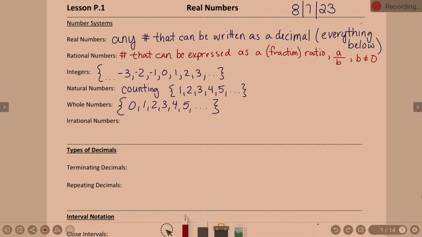I just threw that one out because that's the one you guys are most likely to know. When I say 1/3, that's 0.3 repeating. But they are decimals that can't be repeating. So they are ones that do not repeat and do not, what else?